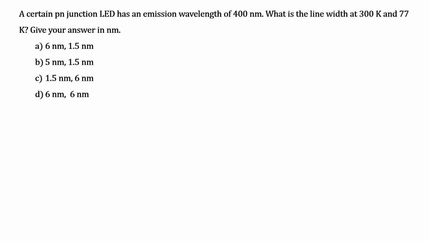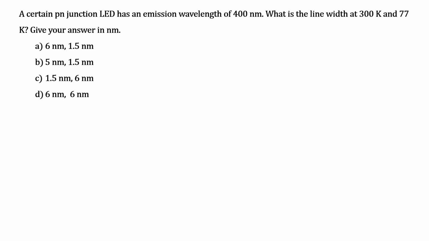Ma'am, I got 5.6, so I approximated downside instead of upper side. Whenever it's 0.5 or greater, you should approximate on the upper side. If it's less than 0.5, you have to approximate on the lower side. Then option A. Everybody got option A?